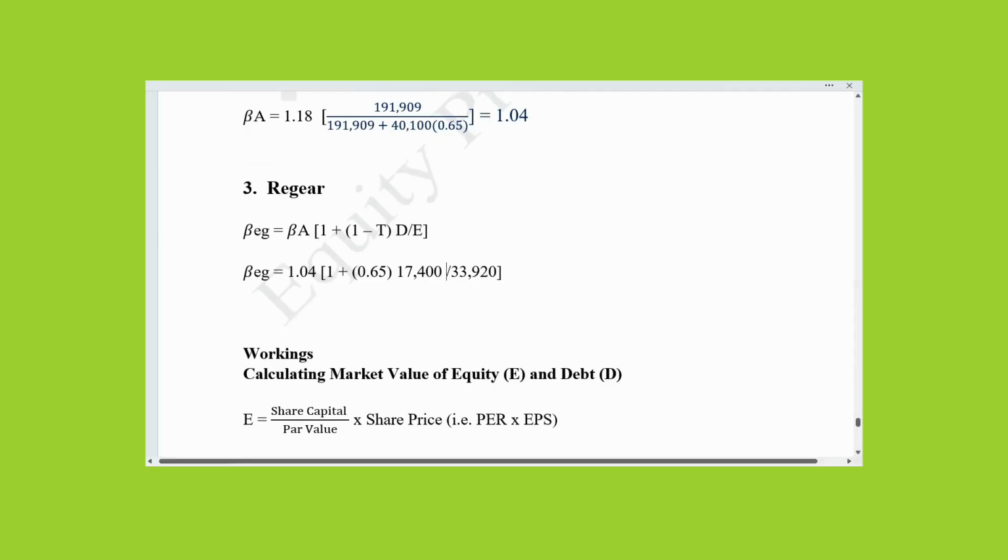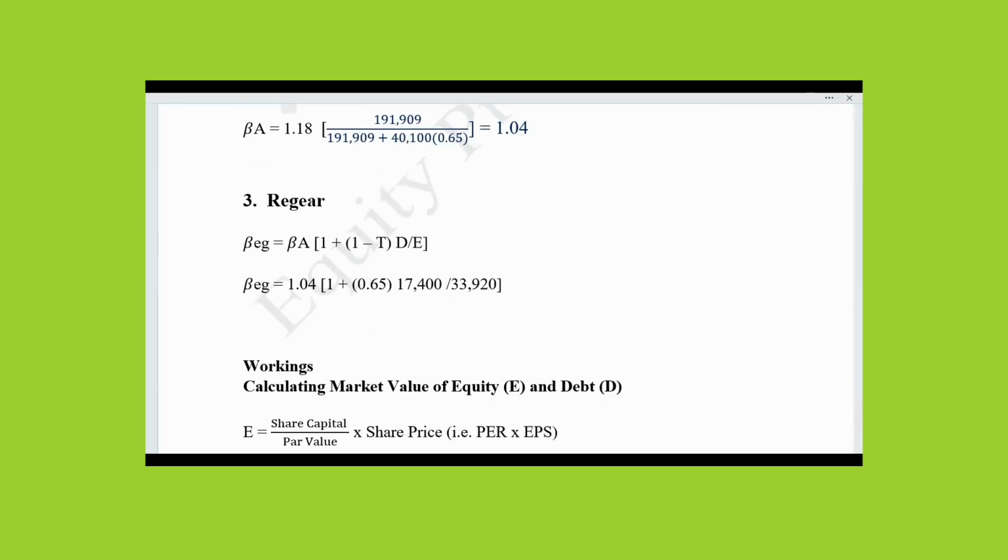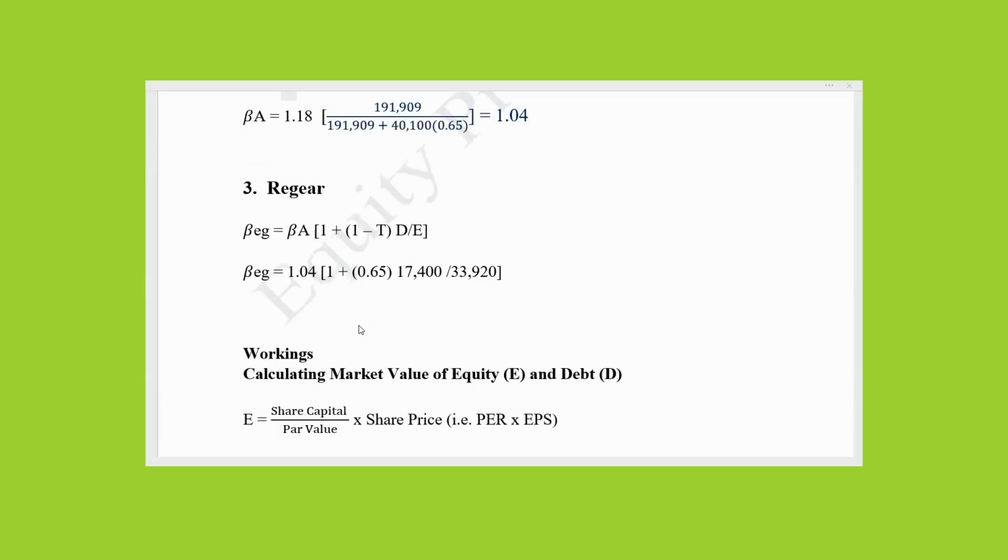So when you are doing your calculation, you are going to start with the division. 17,400 divided by 33,920, equal, then multiply by 0.65.